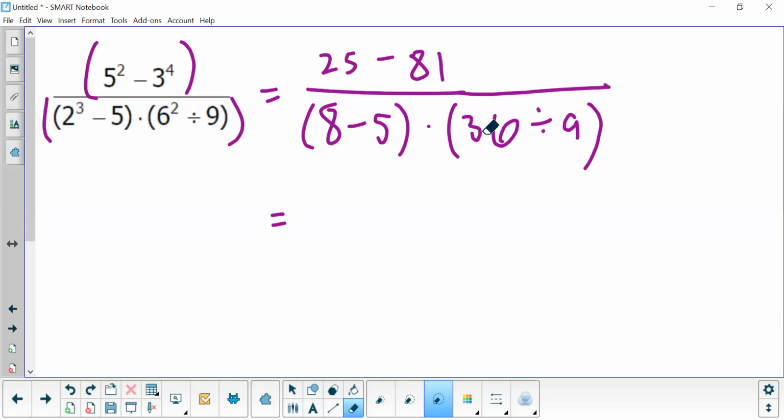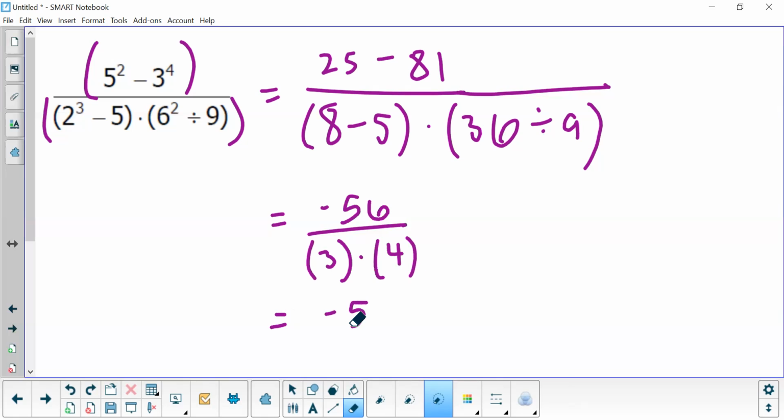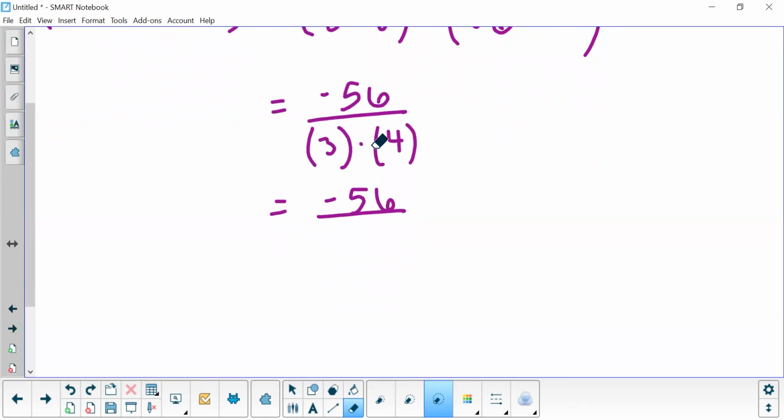So on the top, we have 25 minus 81, which is negative 56. On the bottom, we're still simplifying the parentheses. So I have 8 minus 5, which is 3, times 36 divided by 9, which is 4. The top is fully simplified, but I'm still not done with the bottom of our fraction. So 3 times 4 is 12.